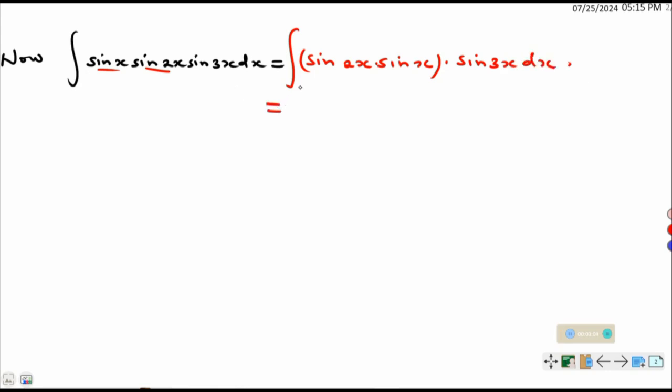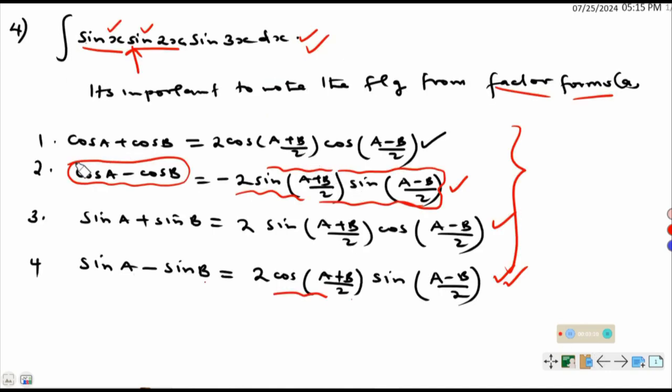Now from here, since I want to relate this with the expression for sine of A plus B divided by 2 times sine of A minus B divided by 2, I must create a negative 2.